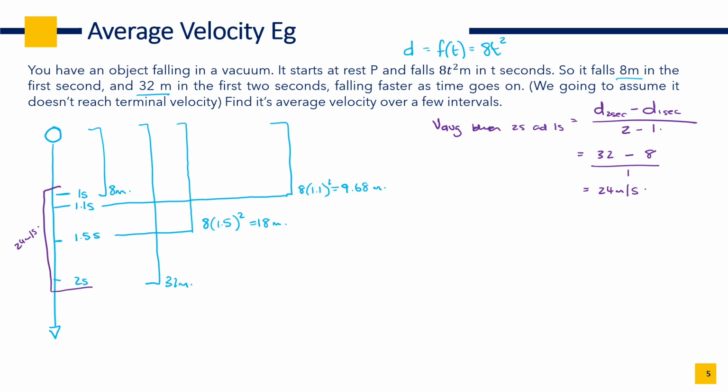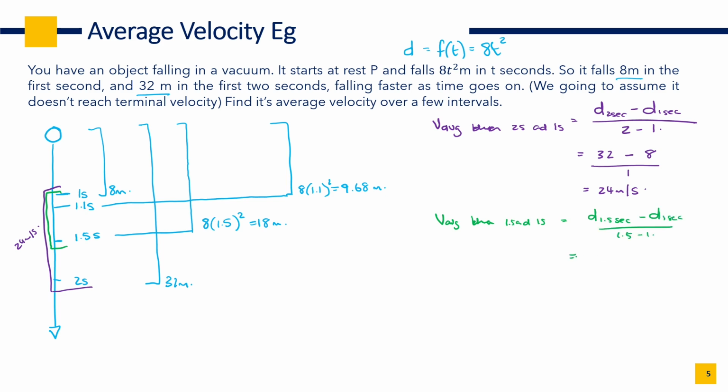Right, so let's move on and do the interval 1.5 and 1. So we're looking at the average velocity between 1.5 and 1 second. And that's the distance at 1.5 seconds minus the distance at 1 second, divided by 1.5 minus 1.